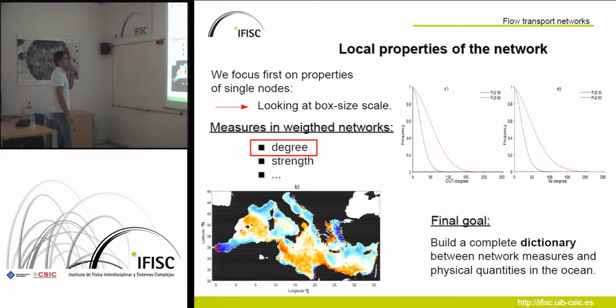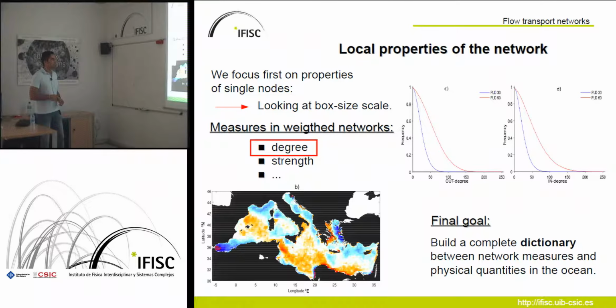And first, let's focus on local properties, on properties of single nodes of the network. So this means looking at the scale of a single box in the ocean. And we know that from the network point of view, we can perform many different measures: degree, strength, and so on.